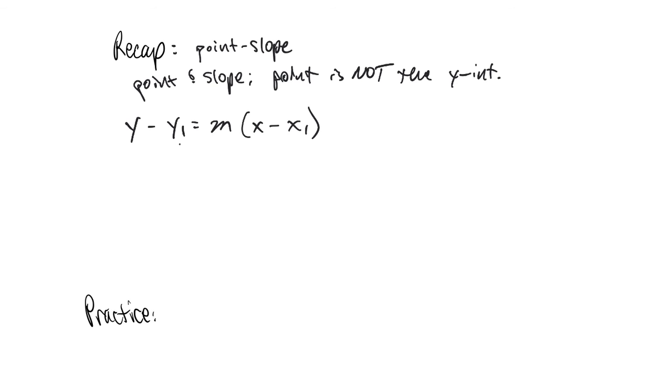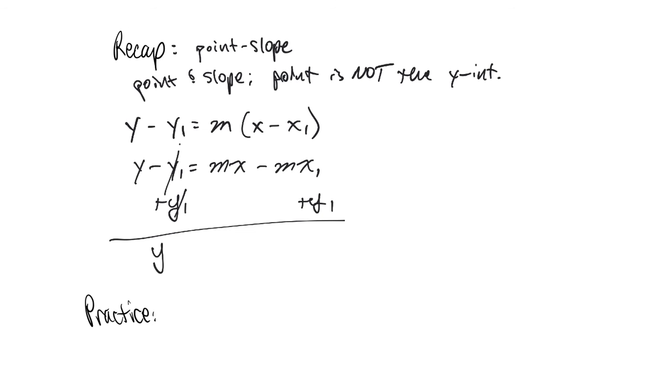All right. Then, if you wanted to solve to get in slope-intercept form, doing this with just variables, people, it looks like this.